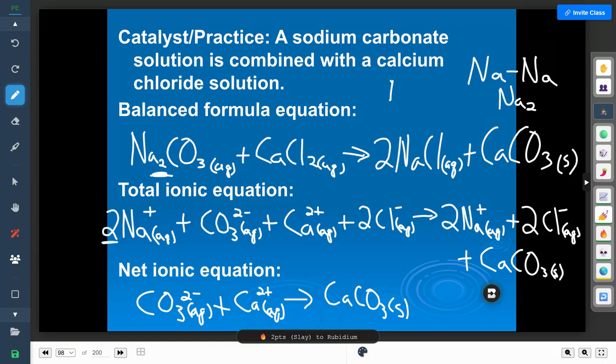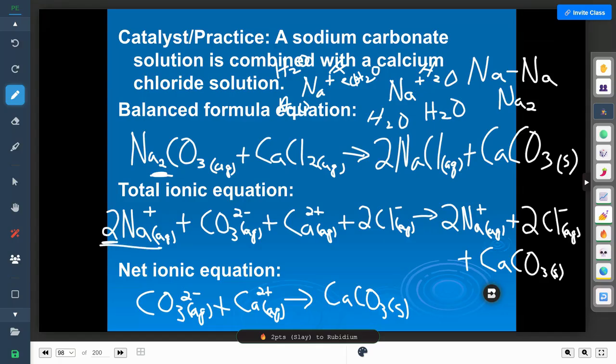Whereas if I had an Na that was surrounded by a bunch of H2Os, and then I had another Na that was also positive, but then surrounded by a bunch of H2Os, that's what we are trying to demonstrate by 2Na, where you have 2 separate Nas surrounded by waters instead of a bonded Na to another Na.